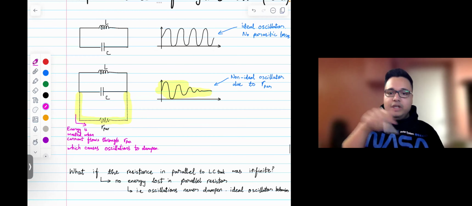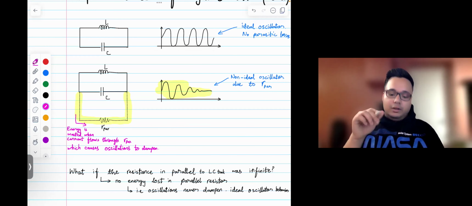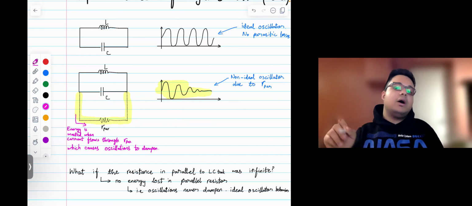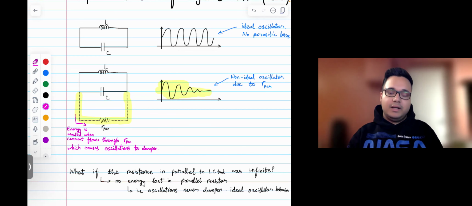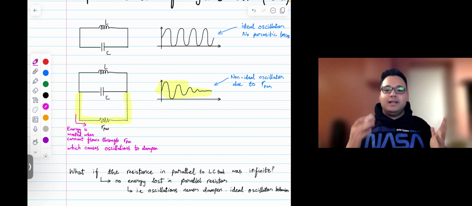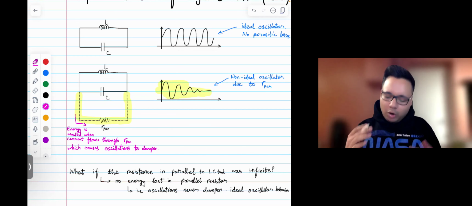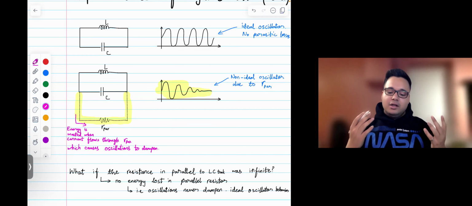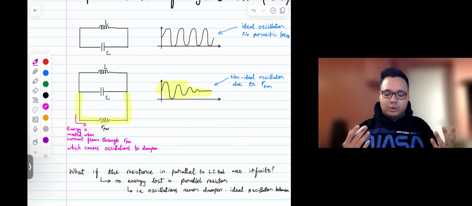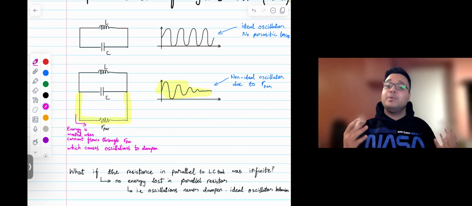And so when you lose energy through this parasitic resistance on every oscillation cycle, eventually the oscillations will die out. So that's kind of like a showstopper if you want to build an oscillator that should keep oscillating. If you want to build an oscillator, you want to find a way where you can cancel out this parasitic resistance.